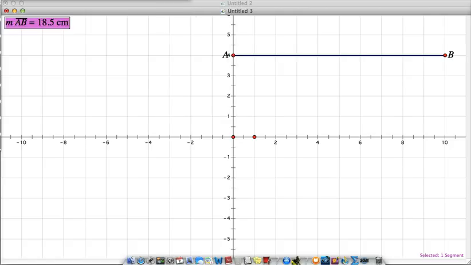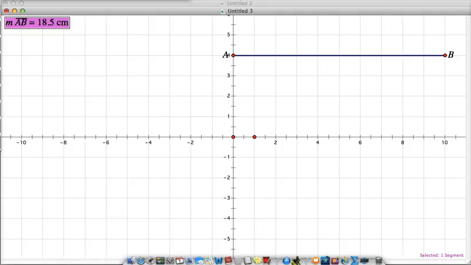So it turns out that the length is 18.5 centimeters. And the idea that I want to drive home to students is that this lets us know that each tick on the graph paper is actually 1.85 centimeters this time, because 10 coordinate units is equivalent to 18.5 real units, centimeters in this case.